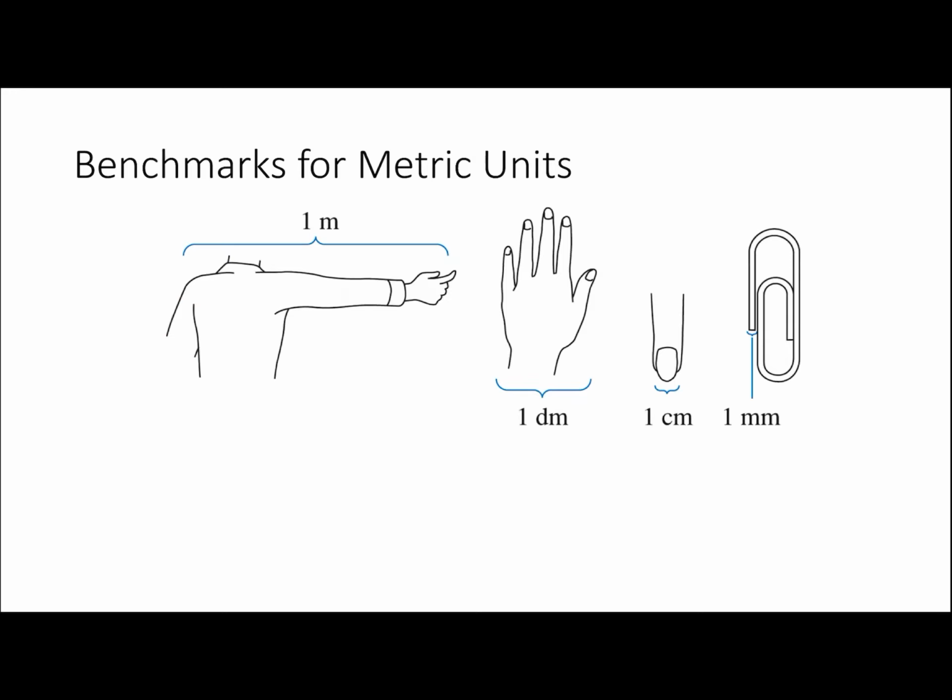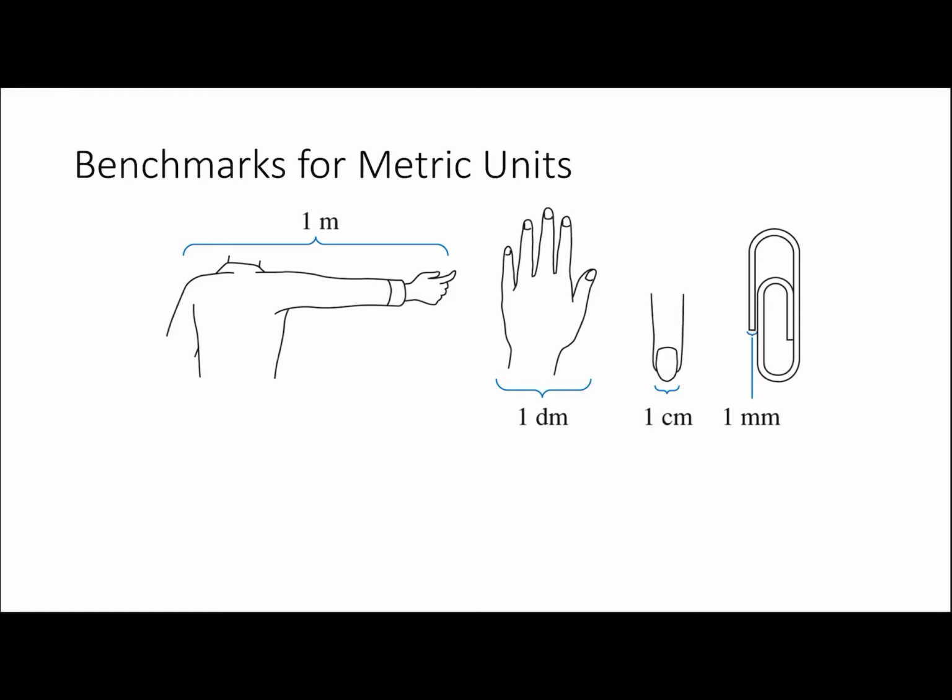And so here are some basic benchmarks to help you know about how long each of these is. If you stretch your right arm straight out to the right, from your opposite shoulder to the tip of your finger is roughly about a meter. Okay, again, it's not exact. Obviously, some people have shorter arms than others, but roughly it's about a meter.